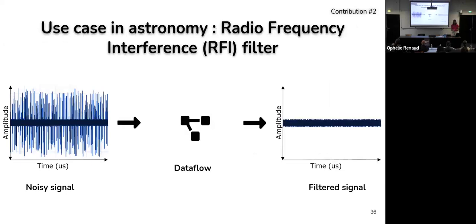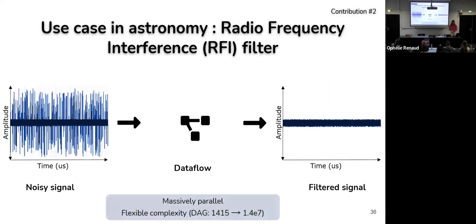As a use case, I model an RFI filter, an astronomical application. The application takes as input a noisy signal, computes some thresholds, and removes the noisy signals. So the dataflow model is massively parallel, and I can easily play with the complexity of the graph with the size of the input file.